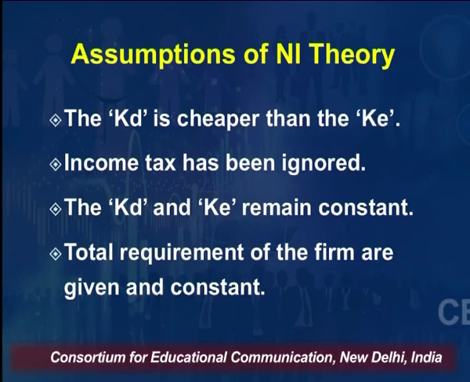Income tax is ignored in this theory, and cost of debt and cost of equity, that is KD and KE, remain constant. The total requirement of the firm is given and constant, so the requirement of the firm is not going to change in the long term.